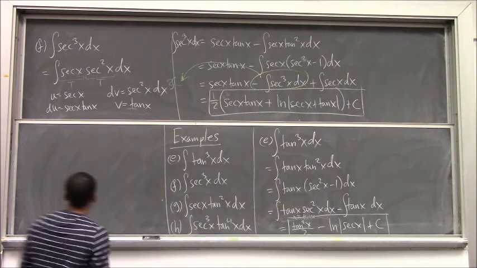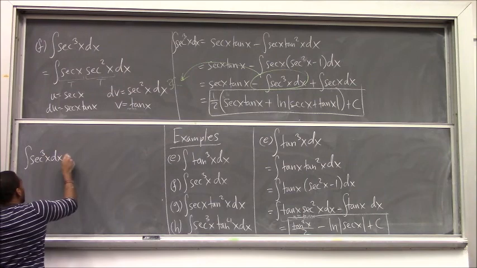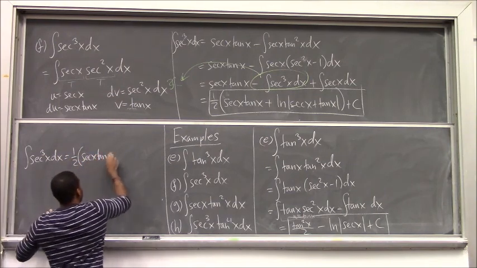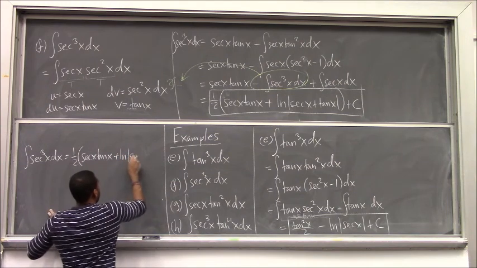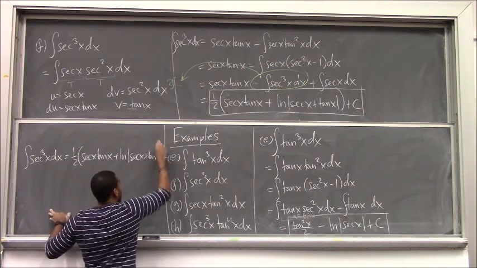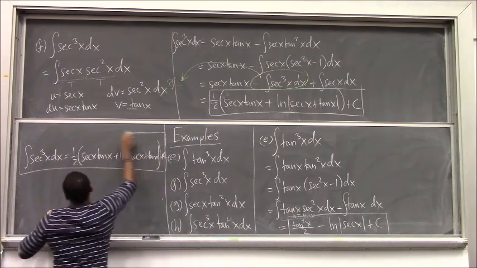Remember that integral. The integral of secant cubed, you should know, is 1/2 secant x tangent x plus ln of secant x plus tangent x, excuse me, plus c.